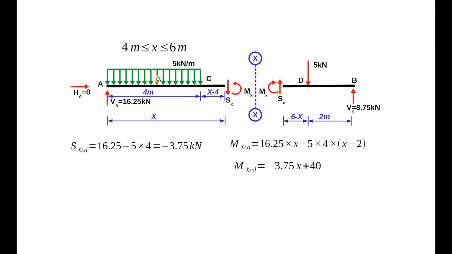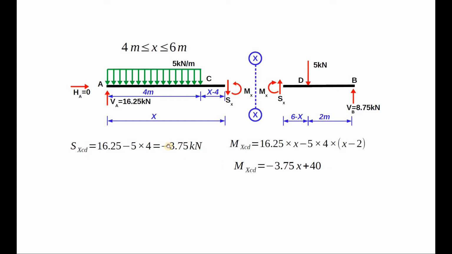So the line of action of the equivalent concentrated load is passing exactly at x minus 2 from the section. Hence, our final expression for moment becomes minus 3.75x plus 40.